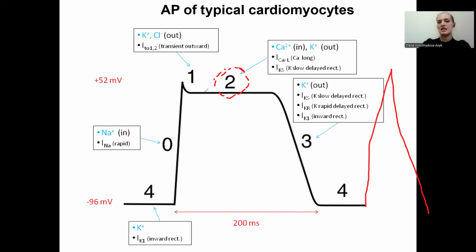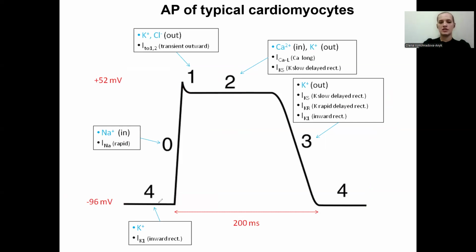This phase is named the plateau phase. Normally it should be like this. But here we have a plateau phase, when we do not have immediate repolarization, but a delay of repolarization for some needs of our heart.